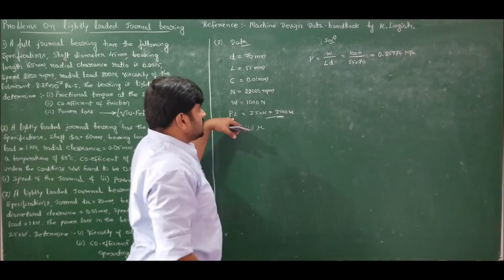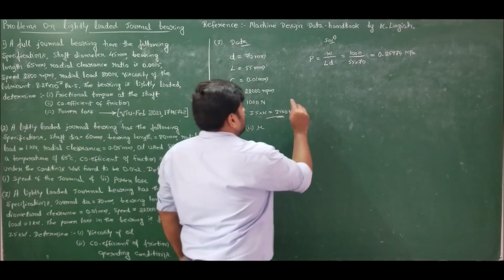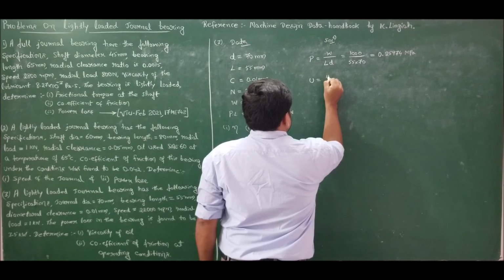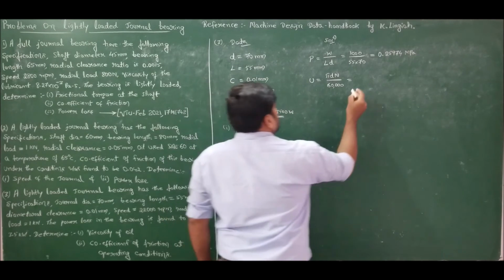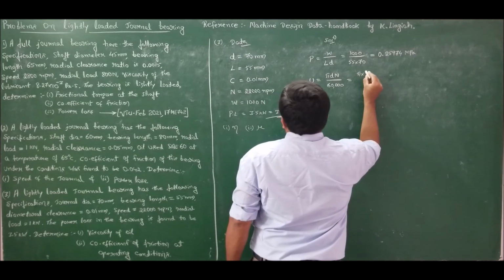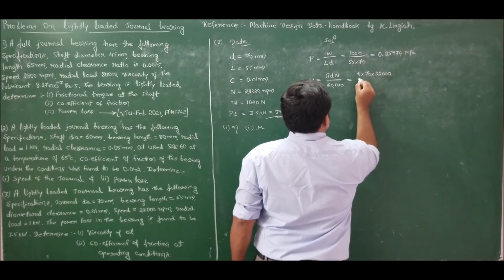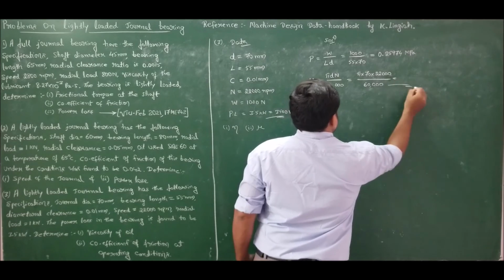Now since power loss is specified, I can find frictional force, before which I will calculate the velocity or speed, which is given by pi D N by 60,000. So it is pi times diameter 70, speed 22,000 divided by 60,000.